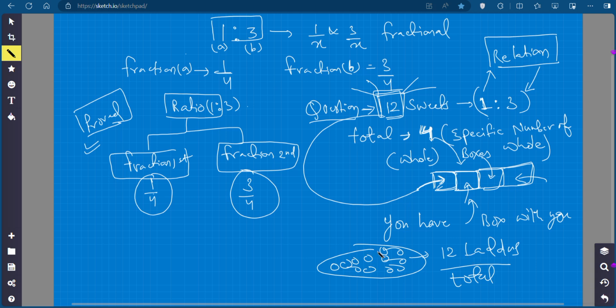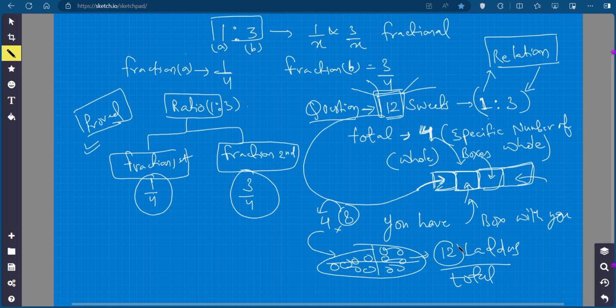I can't divide laddus in 4, right? If I try to do this, 4, 4, 4, 4, it would mean you keep 4 and you give 8 laddus to your sibling. But is it 3 times this? No.